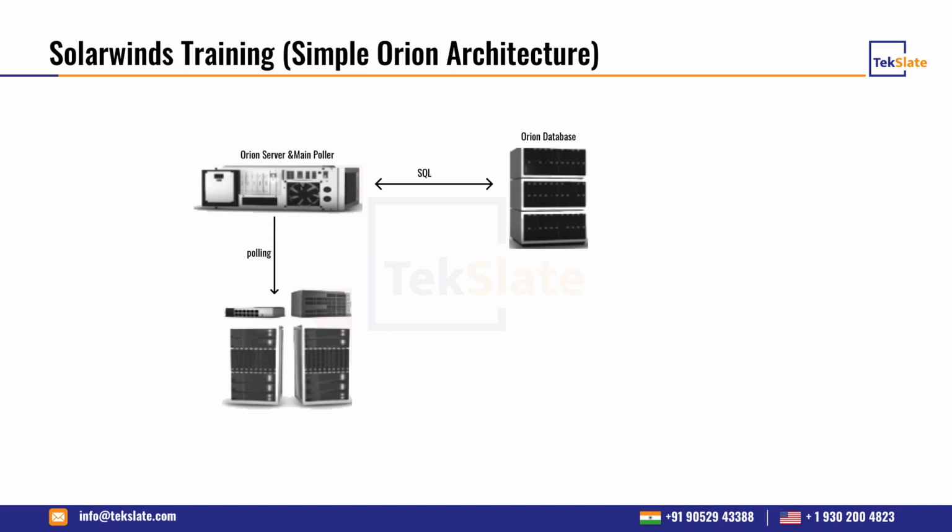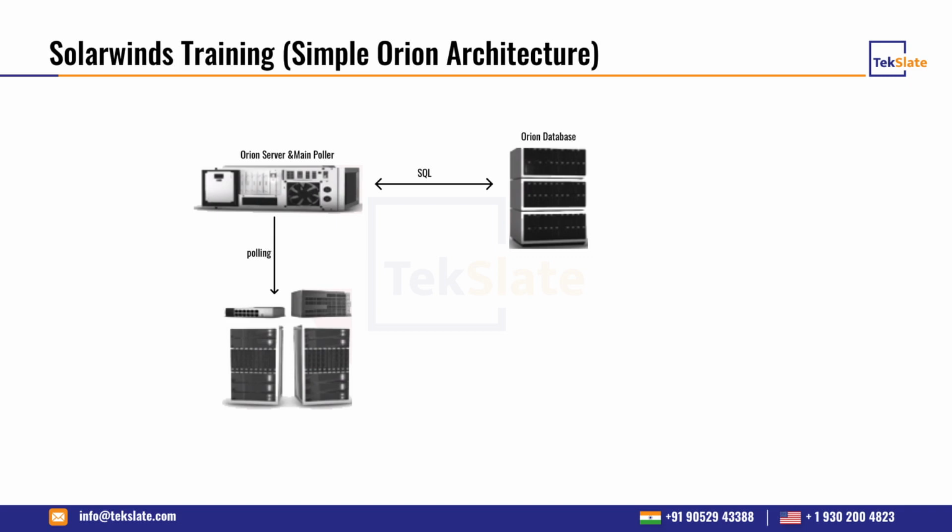SolarWinds provides options for scalability. We can apply this scalability to the existing architecture without disturbing it. Say we are pulling 100 nodes today with a simple architecture, and the customer requires us to pull 1,000 more nodes without disturbing the existing environment. We can scale it with the options provided.